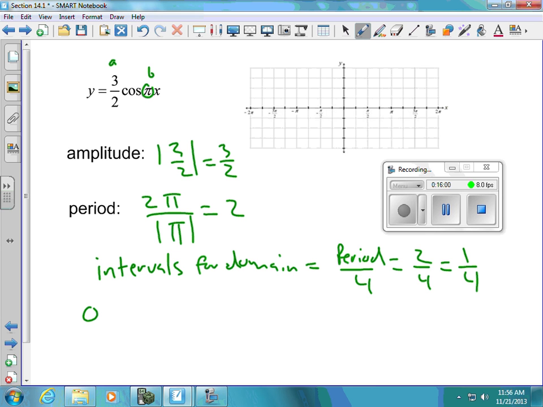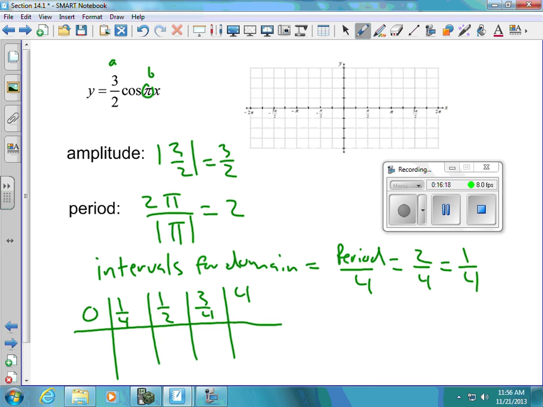So we're going to start at 0 on our table, and we're going to add fourths. 1/4 and 1/4, that's 2/4 or 1/2. 2/4 plus 1/4, that's 3/4. 3/4 plus 1/4 is 4/4 or just 1.